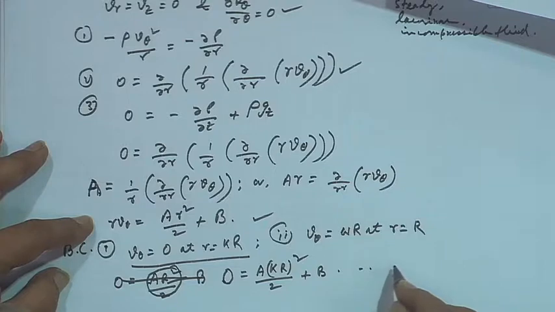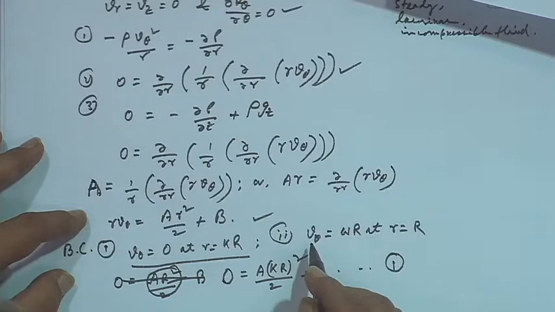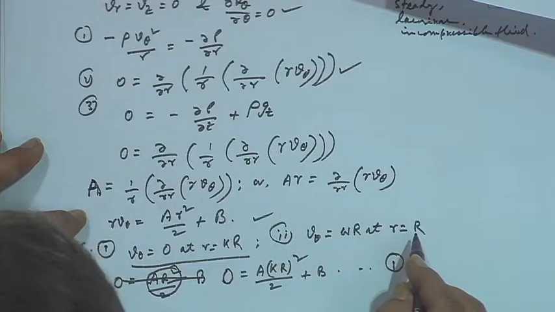This is, say, equation number 1, right. And the second equation is V theta is equal to omega R at r is equal to capital R.